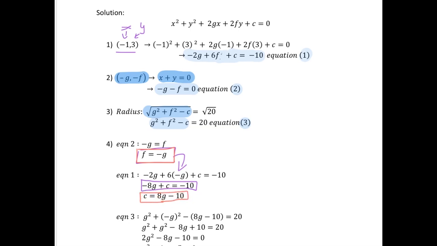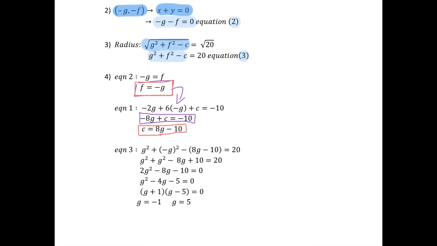If I take those two values in my red boxes and substitute them into equation 3, I'll end up with an equation that only involves g. Just to remind you, equation 3 was g squared plus f squared minus c equals 20.